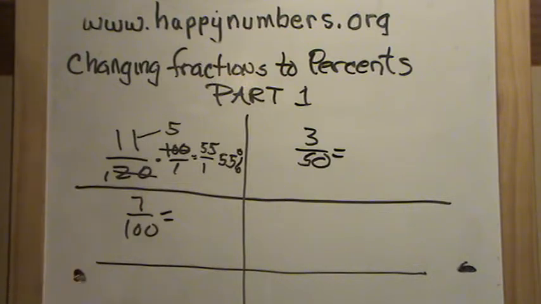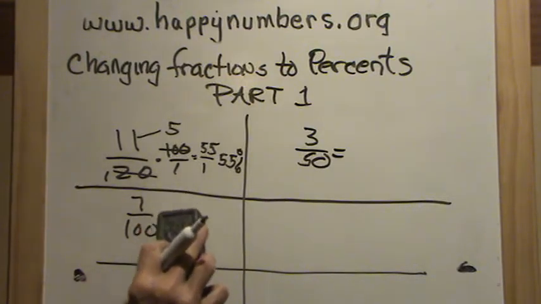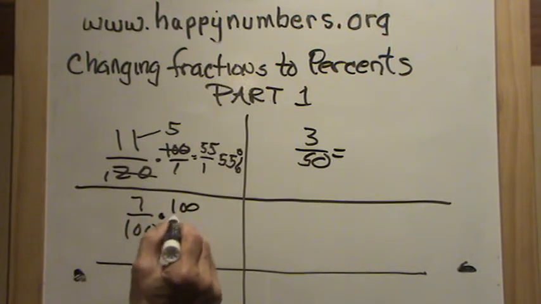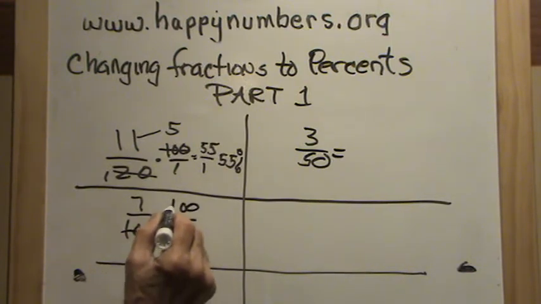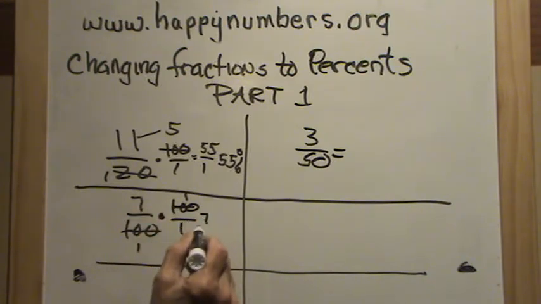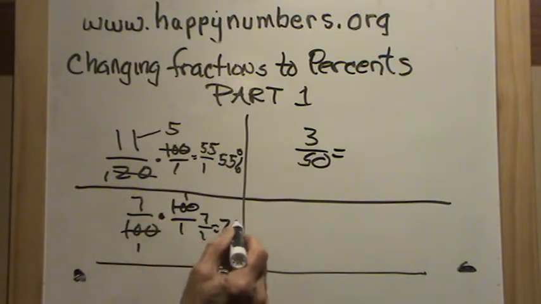Good. This one is almost a no-brainer. This is pretty simple. 100 goes into 100, so we can multiply by 100. Goes in 1, goes in 1. 7 times 1 is 7, over 1 equals 7%.